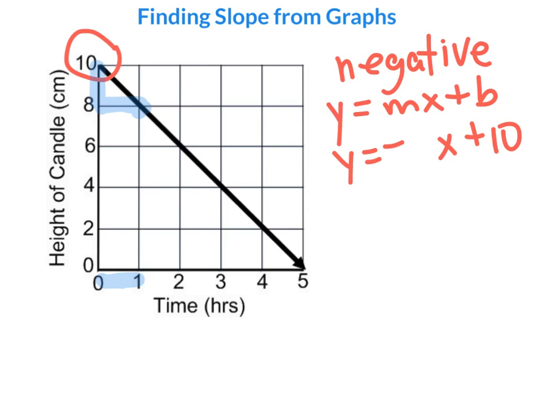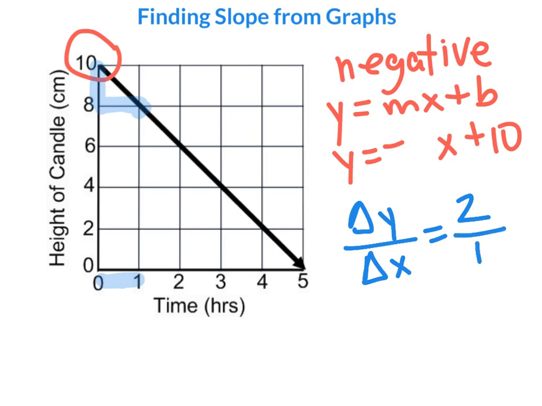So again, looking at our change in y over our change in x, I have 2 centimeters for every 1 hour. So I can just call that 2. And again, remember that was negative 2 because it went down.